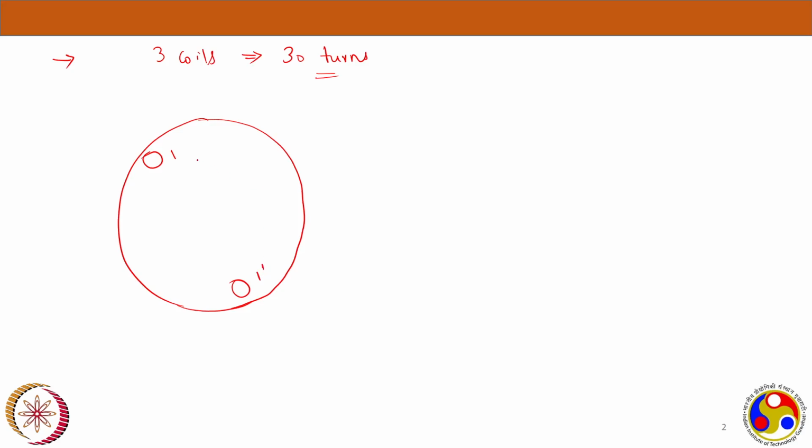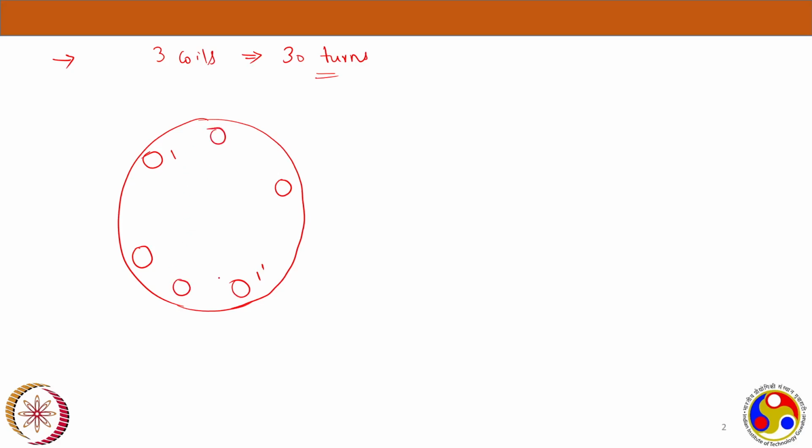One means the going end, and one dash is the return path. So I'm placing these two, one and one dash, in this fashion so that you can see we are taking the coil inside through one and taking it back through one dash, and that is one coil. And we have another, let's say it is two dash, same thing, and another three dash.